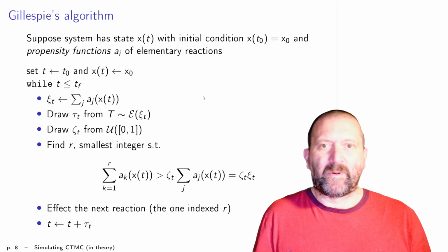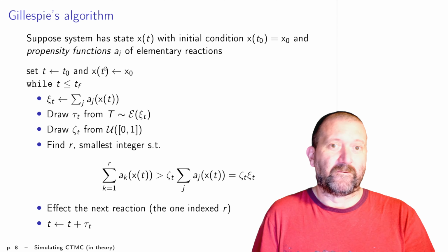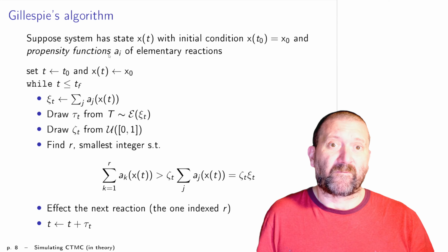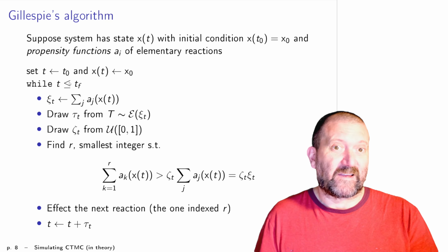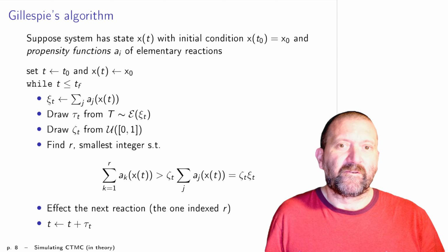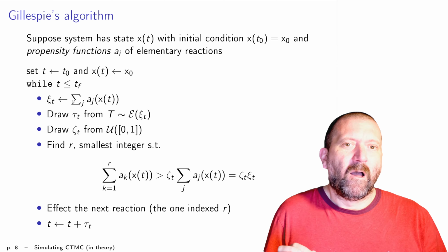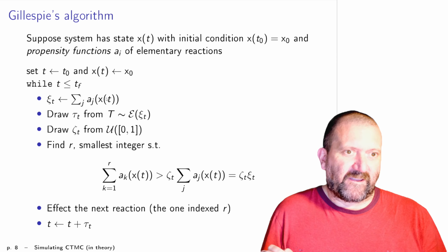So you start by setting your time to whatever you want it to be, and your state to your initial state. And while your time is less than some final time that you've decided on, what you're going to do is sum the propensity functions applied to the state.